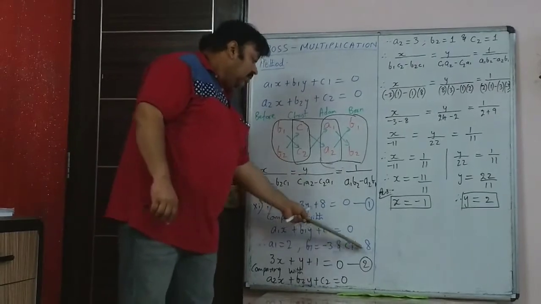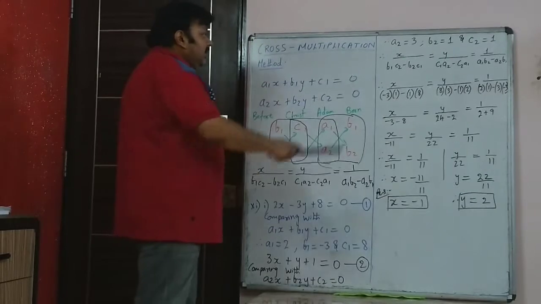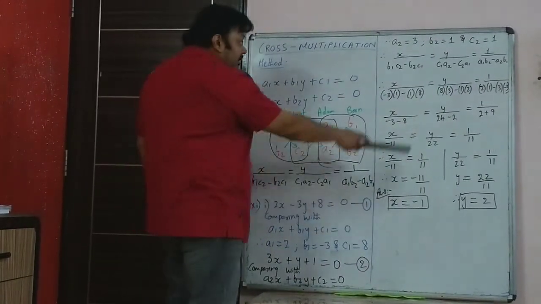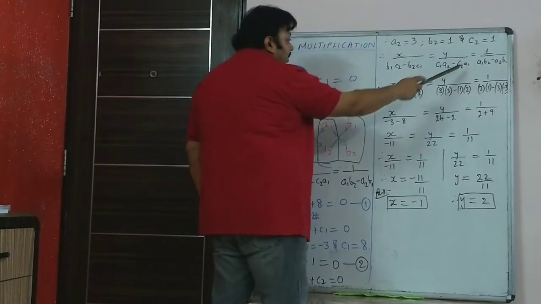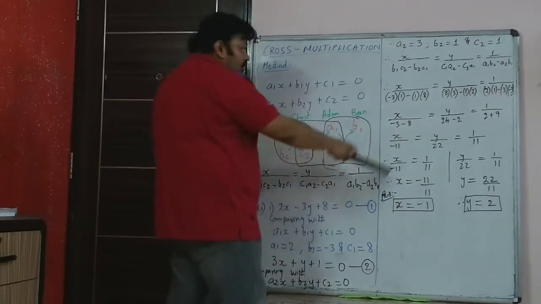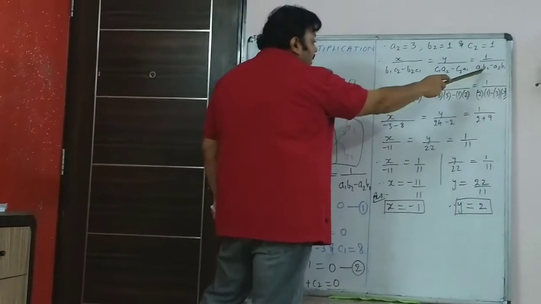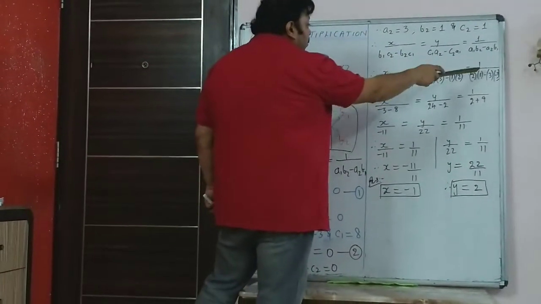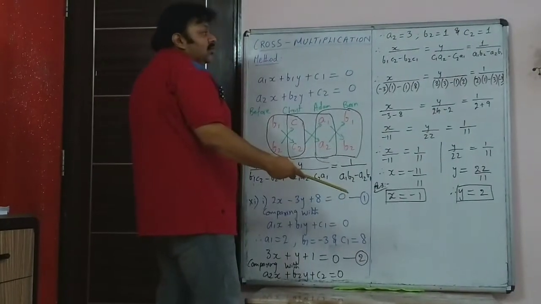c1 is 8 equal to y upon c1 a2. c1 is given here 8. a2 is 3 minus c2 a1. c2 is 1 and a1 is 2. 1 into 2 equal to 1 upon a1 b2. a1 is 2, b2 is 1, so 2 into 1 minus a2 b1.